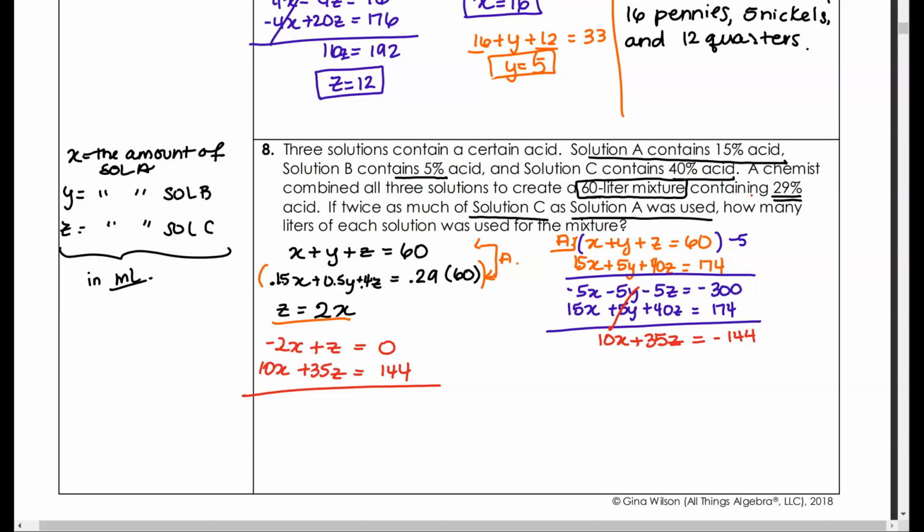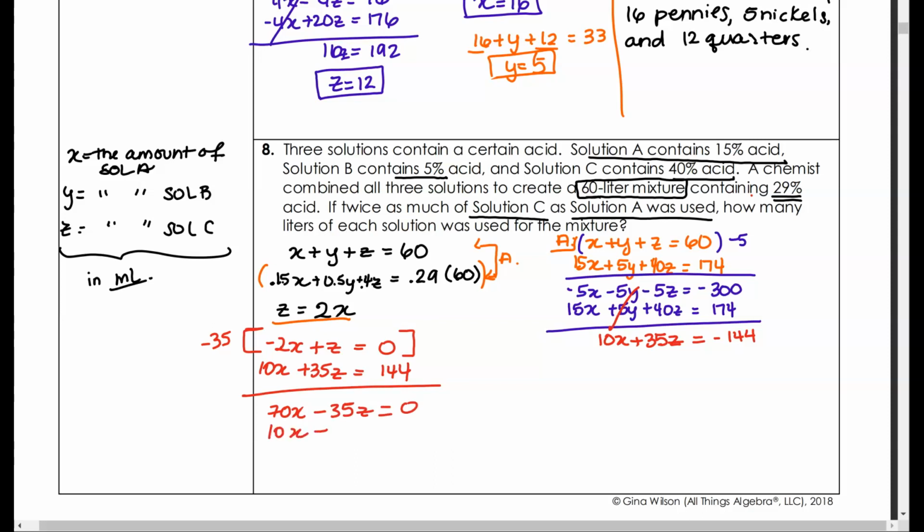Here we want to get rid of one of these variables, so let's get rid of Z. Let's multiply this top equation by negative 35. In multiplying it by negative 35, we're going to get a positive 70X minus 35Z equals 0.